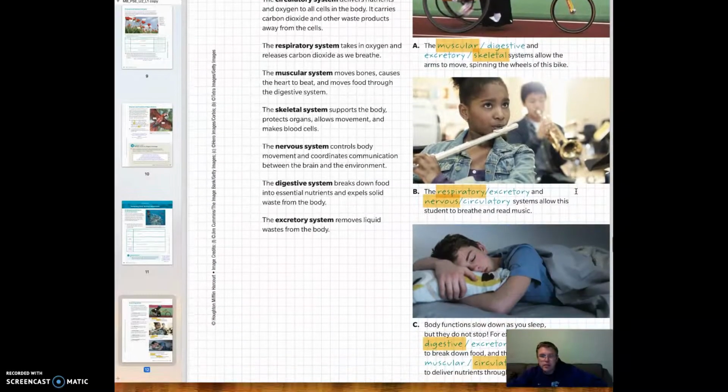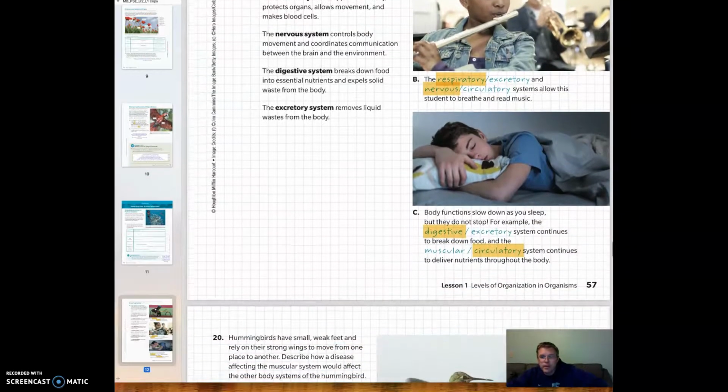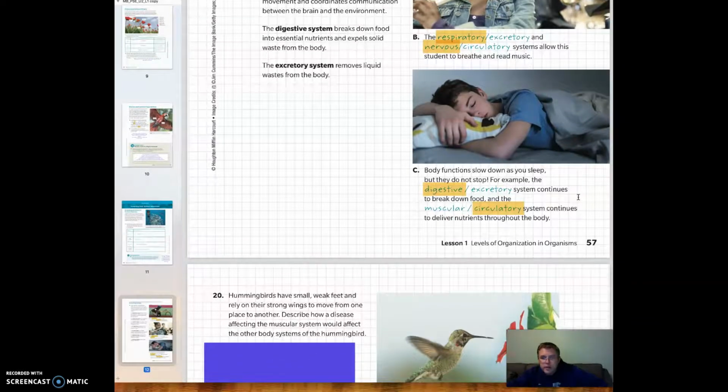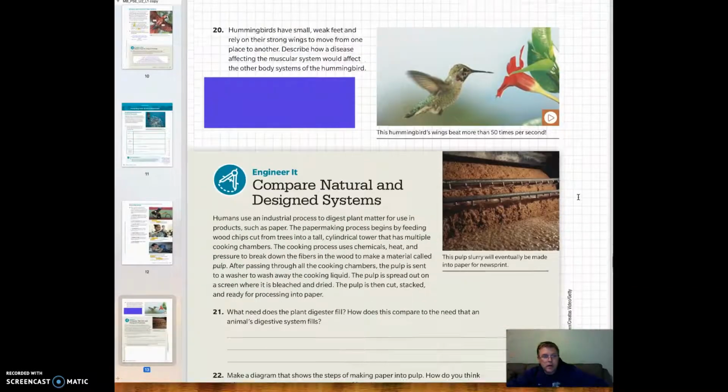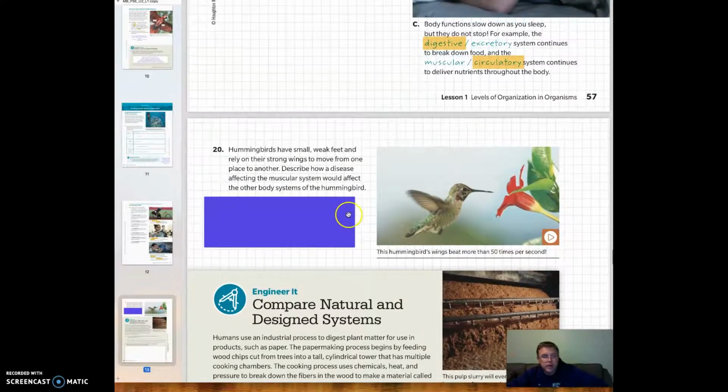The next one down, part B, the respiratory and nervous systems allow the student to breathe and read music. And part C, body functions slow down as you sleep, but they do not stop. For example, the digestive system continues to break down food, and the circulatory system continues to deliver nutrients throughout the body.